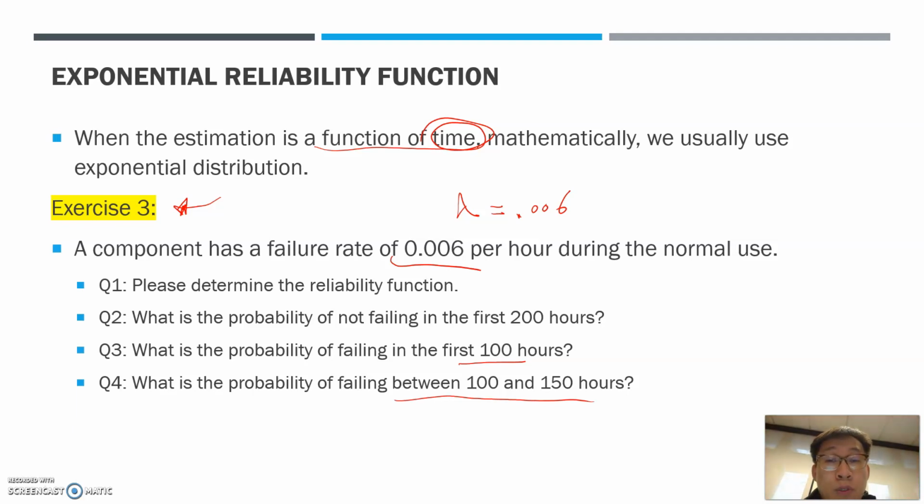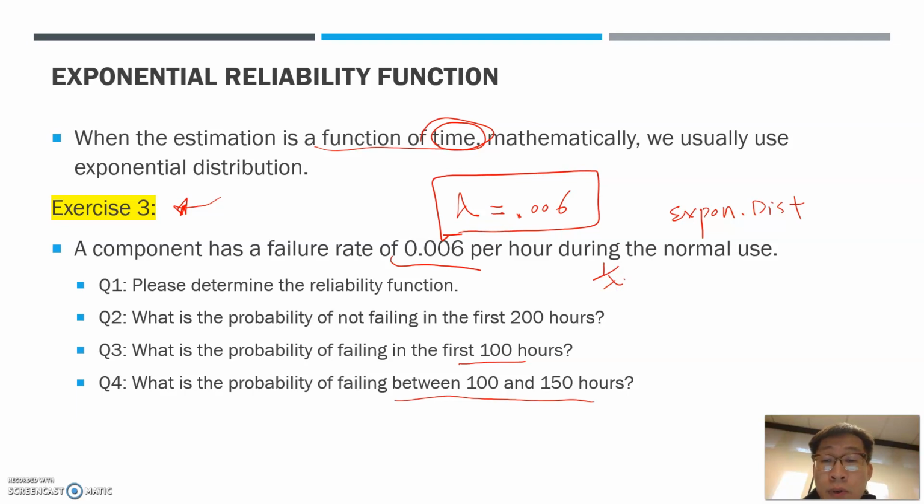First, this problem needs to rely on the exponential distribution rather than the normal distribution. We know that lambda is 0.006. You can also calculate 1 over lambda, of course.